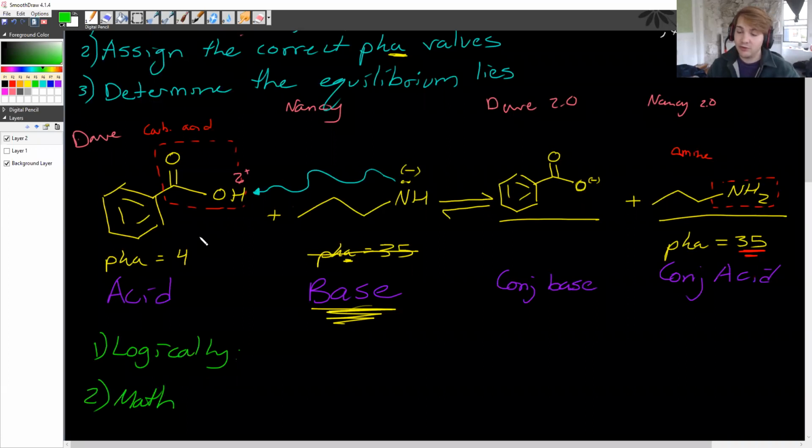Which one are you going to throw out the window? You're going to get rid of the screaming kid, right? They're annoying, they're reactive. So Mother Nature, MN, will always favor the weaker acid.